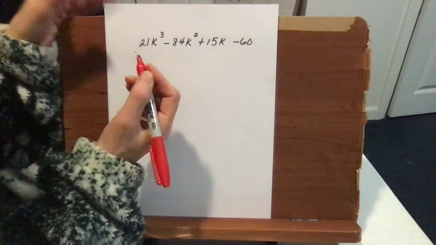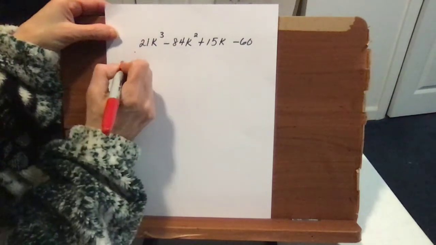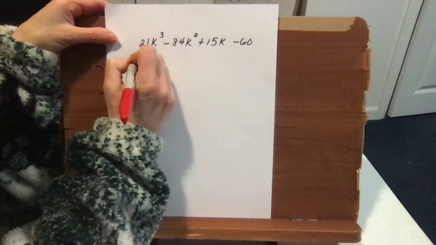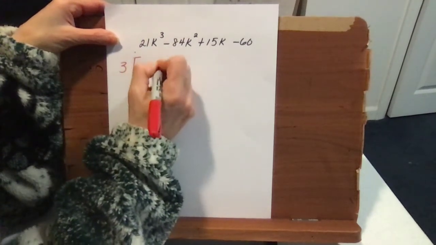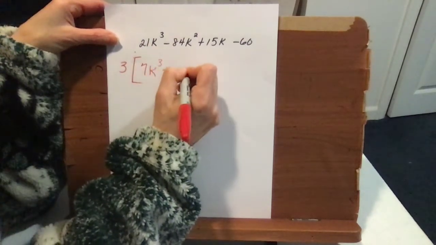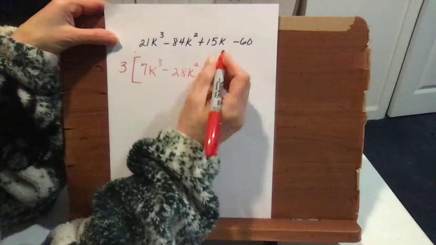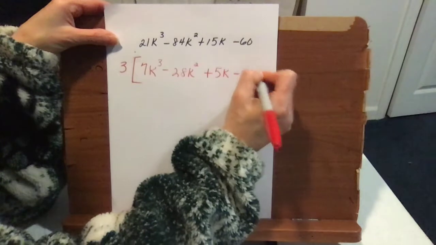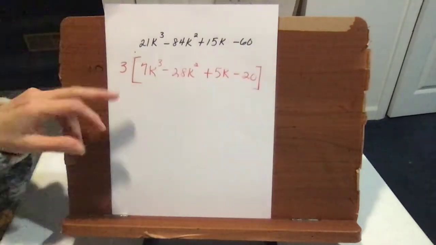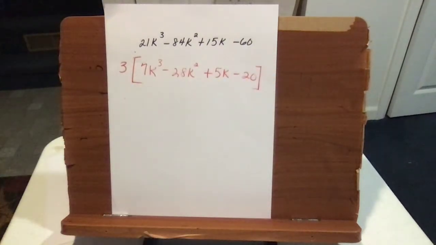So I'm going to go lower, and I can divide by 3. So I'm going to take out a GCF of 3. Now, here I'm going to open up square brackets, because by taking out the GCF, I haven't started grouping yet. I'm just removing the greatest common factor that we can take out of it. I'm using square brackets because now I'm going to start grouping.